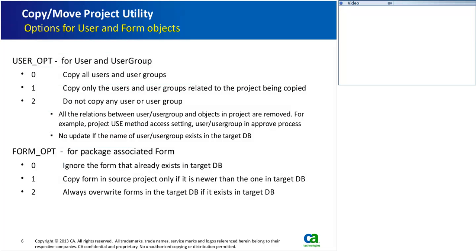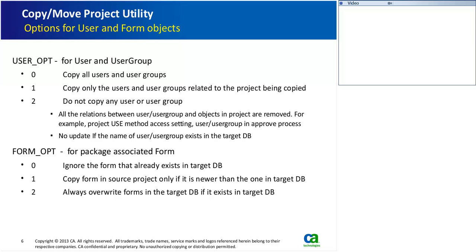All right, and then 1 means only copy those user groups related to the project, because you may have some specific project groups you created, and we can copy only those over. Okay, it depends on what you plan to do with these user groups, because you may have two completely different user groups in different databases, so you can decide which way you want to go.